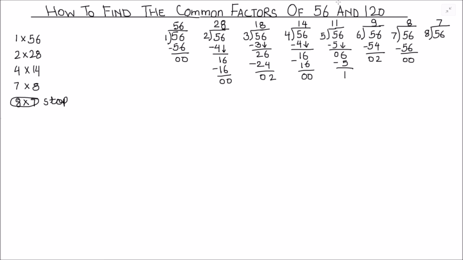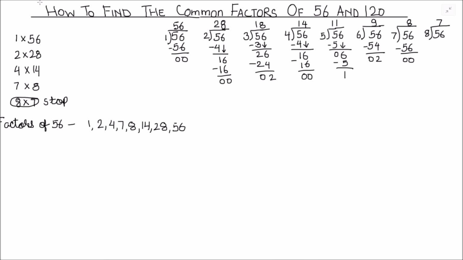So the factors of 56 are 1, 2, 4, 7, 8, 14, 28 and 56. These are all the factors of 56.